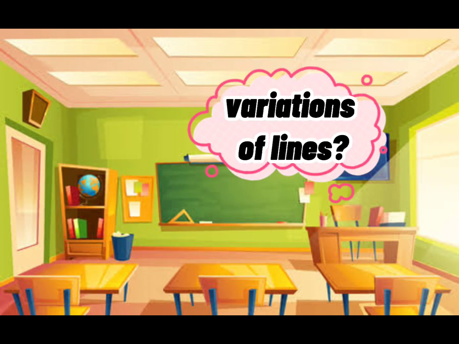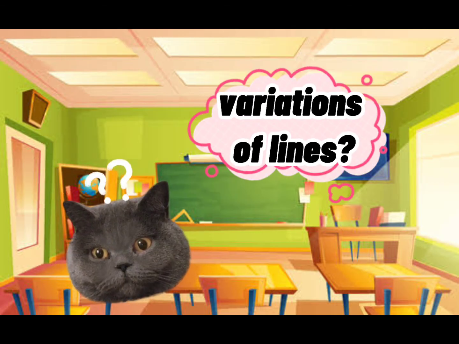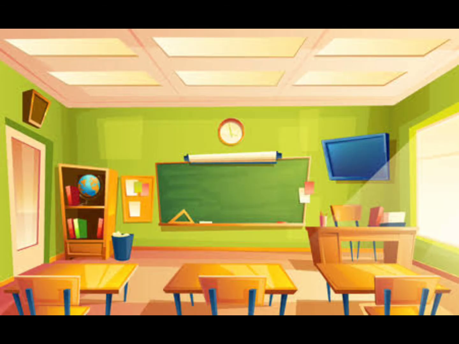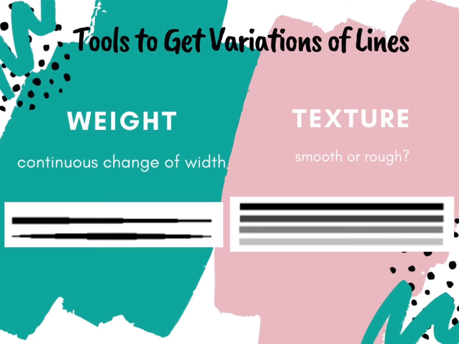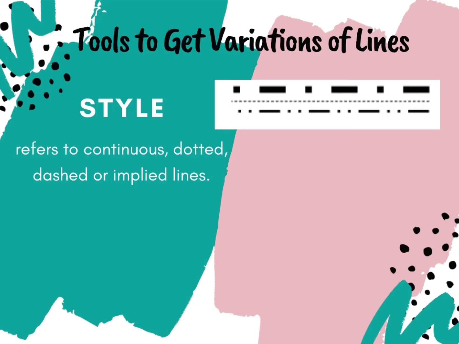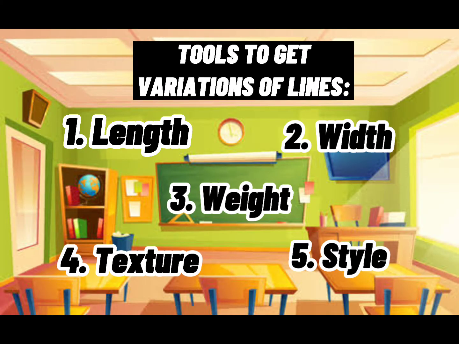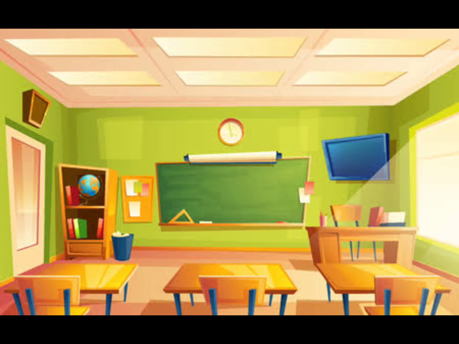Remember? But wait, how are we going to get this variation of lines? No worries, because we have tools to get variation of lines. We have the length, the width, also the weight, the texture, and the style. Again, these are the tools to get variation of lines.